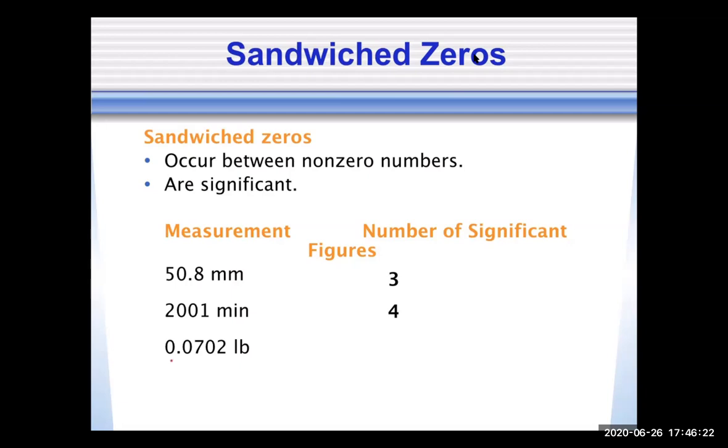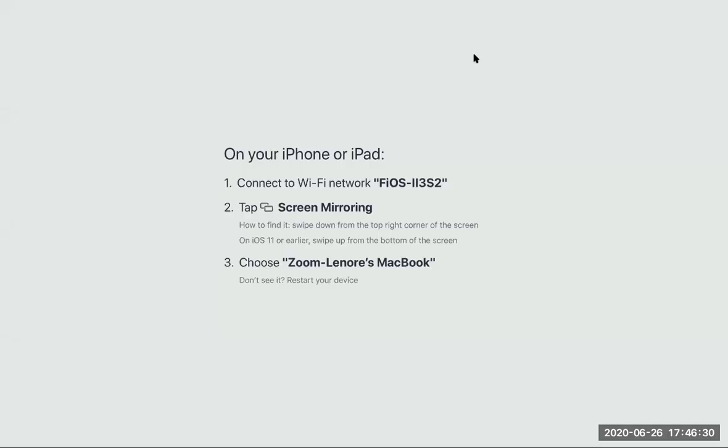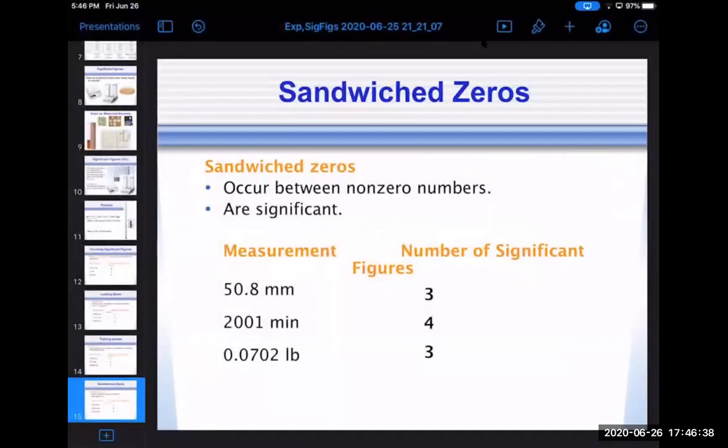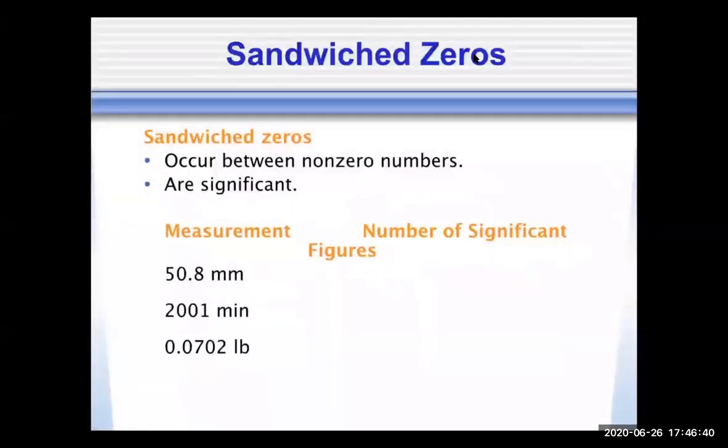Remember, the leading zeros are not significant, but the sandwich zero is significant. So that's 3 significant figures for the 702.